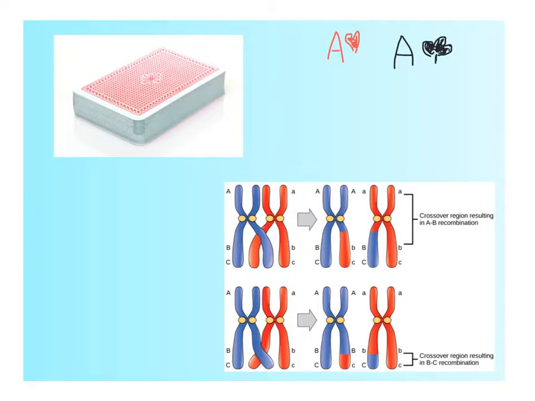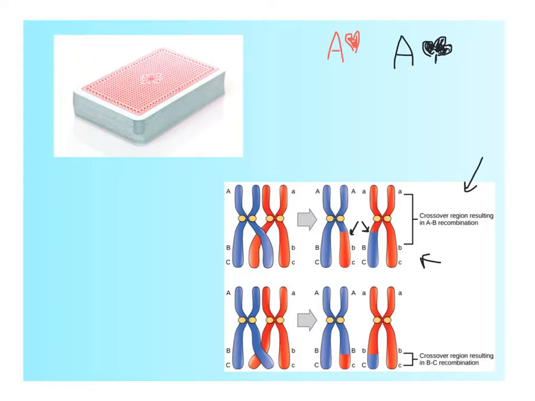All right, first we've got to remember crossing over. Remember, that is where homologous chromosomes, which you can see here during meiosis, actually exchange a little DNA. You can see the mom and dad chromosomes actually exchanged a little bit of their DNA.